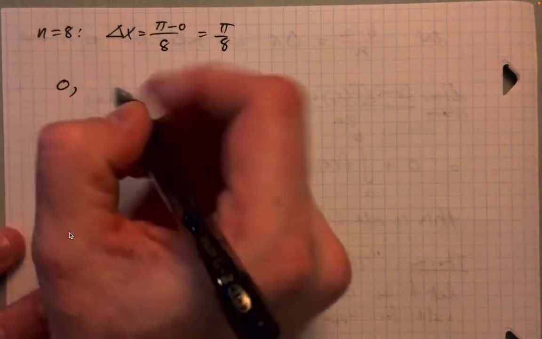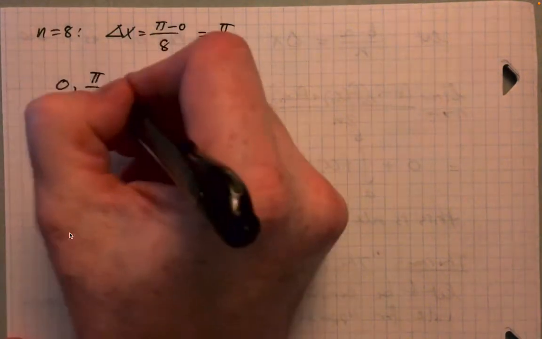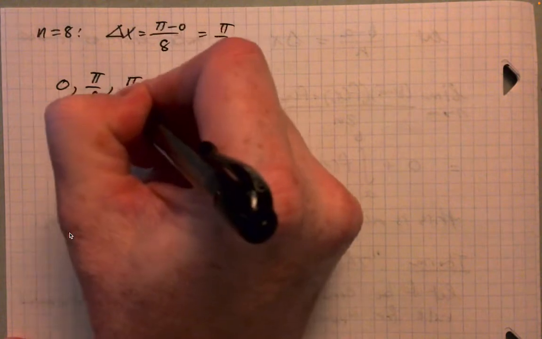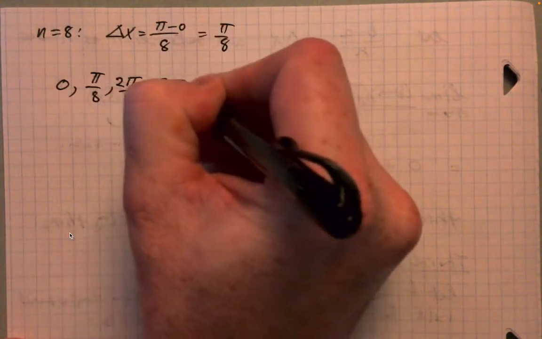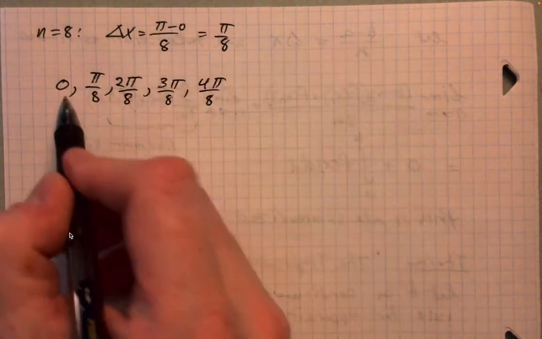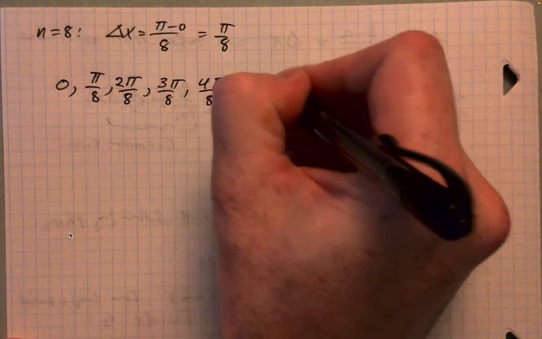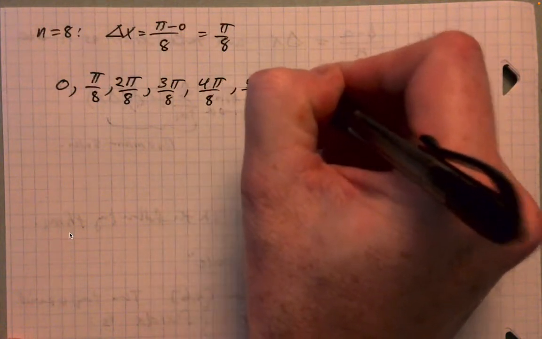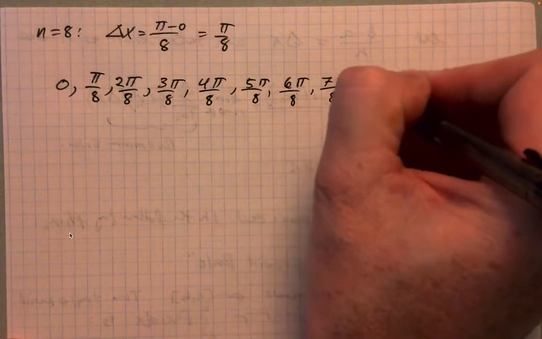So we start at 0, and then pi over 8, and then another pi over 8, well, let's just write 2 pi over 8, 3 pi over 8, 4 pi over 8. So there's 1 interval, 2 intervals, 3 intervals, 4 intervals. 5 pi over 8, 6 pi over 8, 7 pi over 8, and pi.